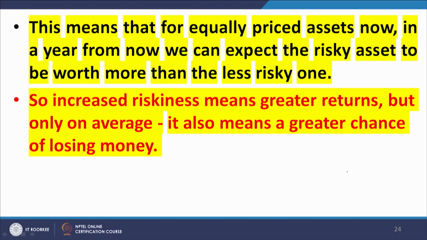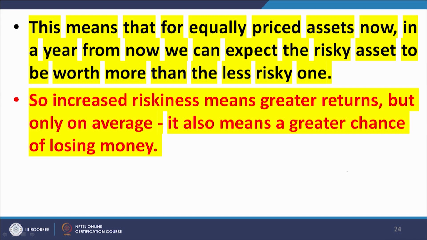This means that for equally priced assets now, that is, as if there are two assets A and B which are equally priced, in a year from now we can expect a risky asset to be worth more than the riskless asset or the lower risk asset.